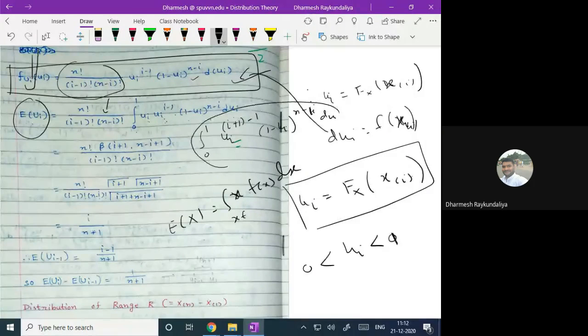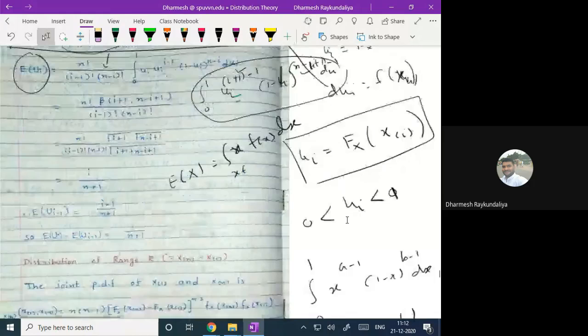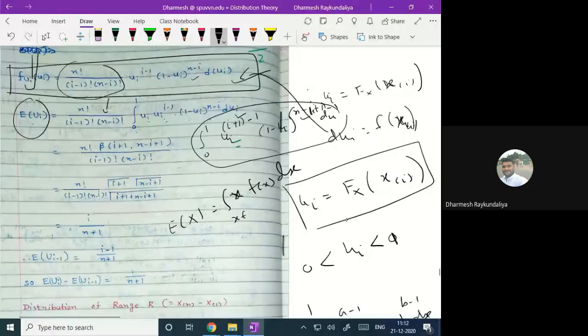Okay, so this is nothing but ये बीटा डेंसिटी का फॉर्म है, so it is the beta of i plus 1 and n minus i plus 1, because of the minus 1. हम ये जानते हैं ना, integration of 0 to 1 x raised to a minus 1, 1 minus x raised to b minus 1 dx is equal to beta a b. तो यहाँ पे हमारा क्या आएगा, we'll have the beta i plus 1 and n minus i plus 1.